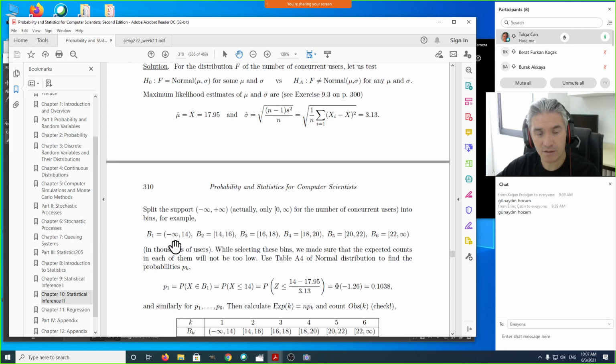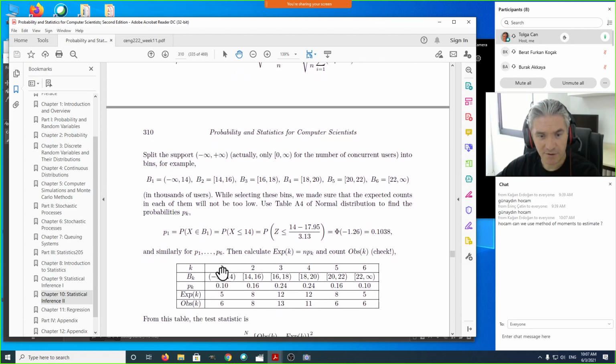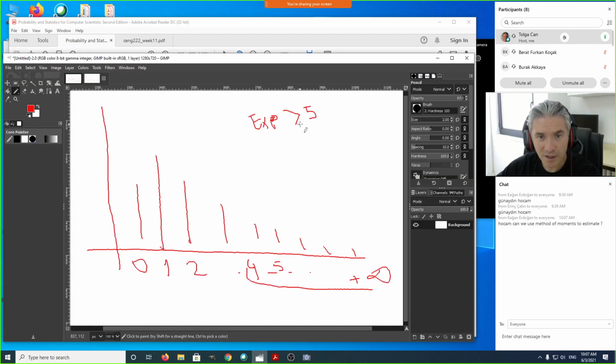Again, we have our bins this time. Both the first bin and last bin extend all the way to infinity because it's the normal distribution, and we have 6 bins here. If you look at the expected counts, they are all greater than or equal to 5. I wrote expected value greater than 5, but it may be 5; you can say greater than or equal to 5.